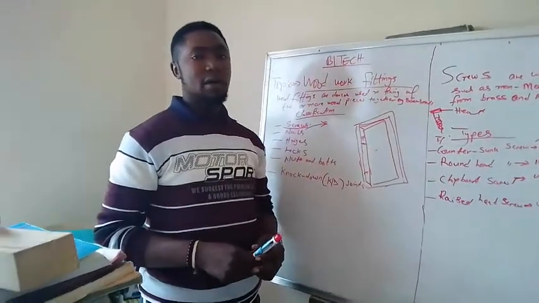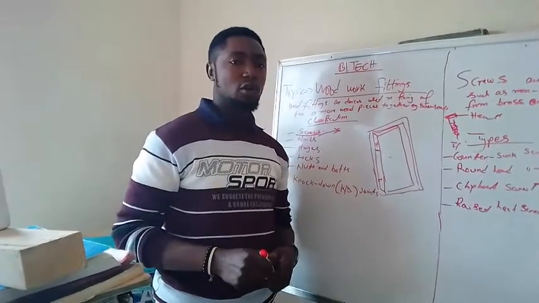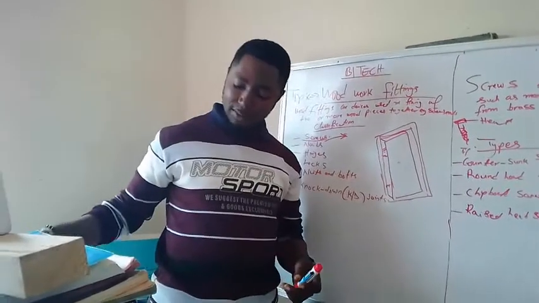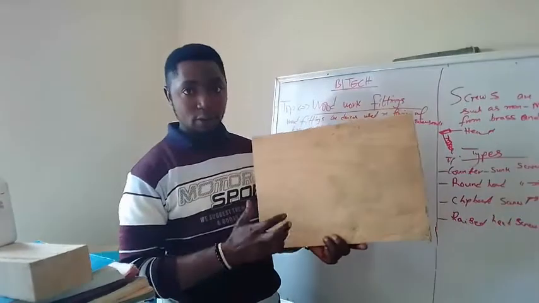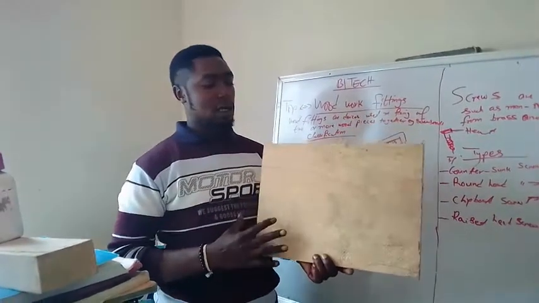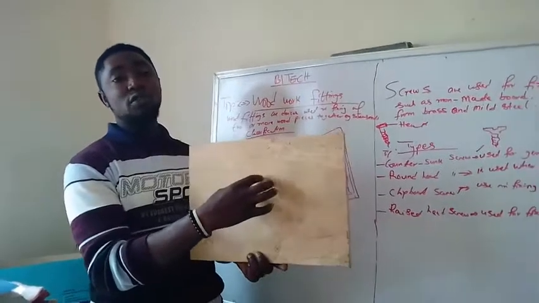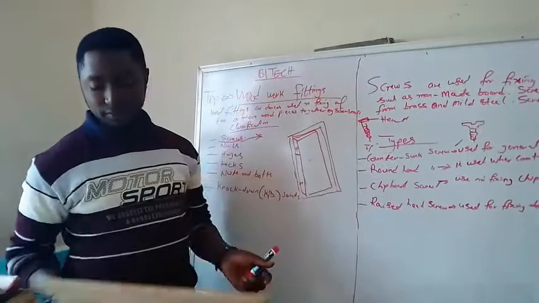Man-made boards are materials which are produced from wood strips or wood particles. One example of man-made board here is plywood. We use screws in joining two or more pieces of man-made board.